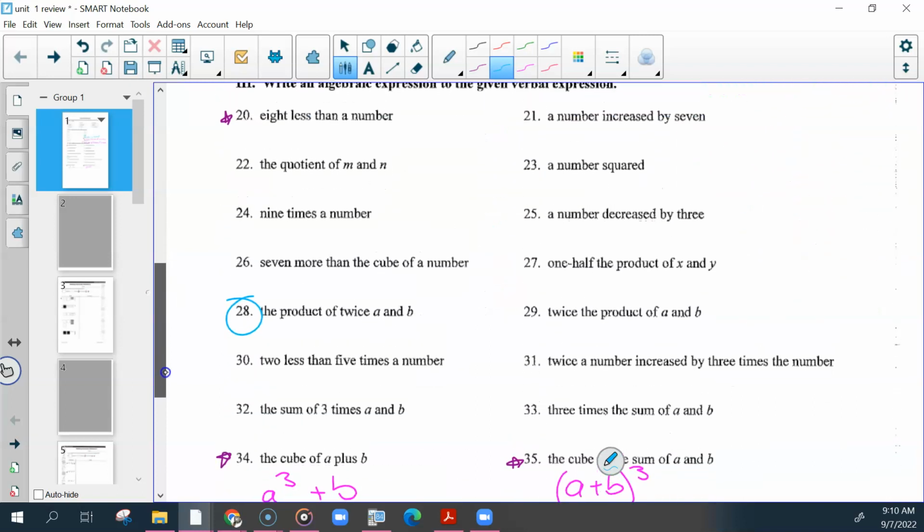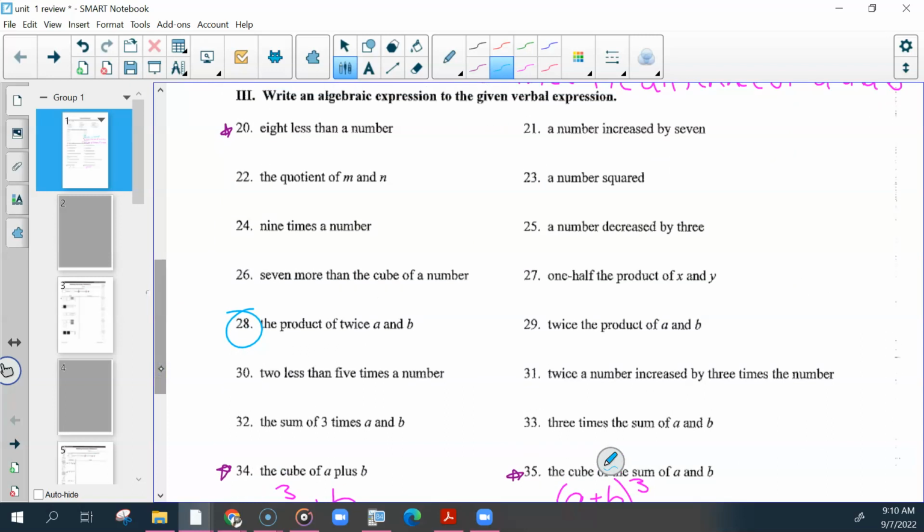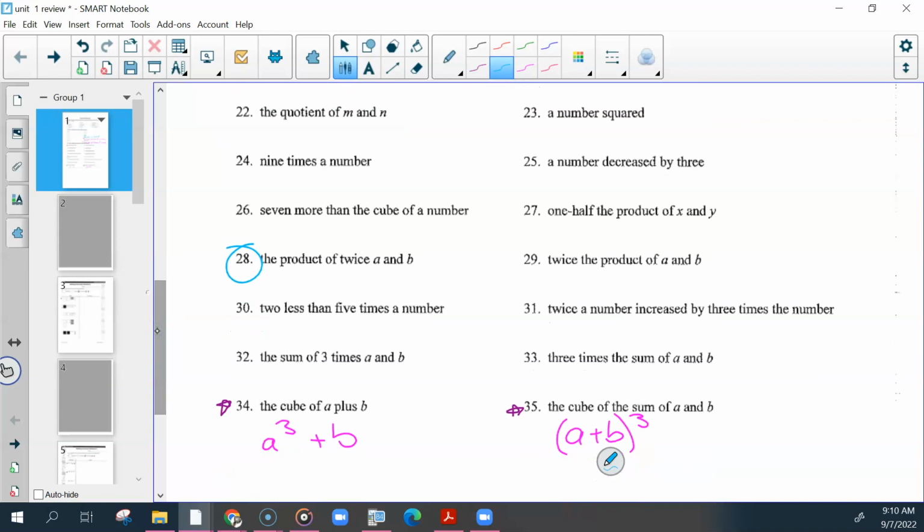For 28, the product of twice A and B. Product means what? Multiplication. So we're multiplying. Twice means what? 2. What are we doing with that 2? The second power. Not to the second power. What would we be doing with twice? Same thing as double. What do you do when you double or twice something?